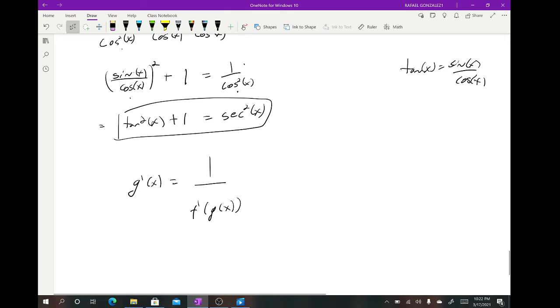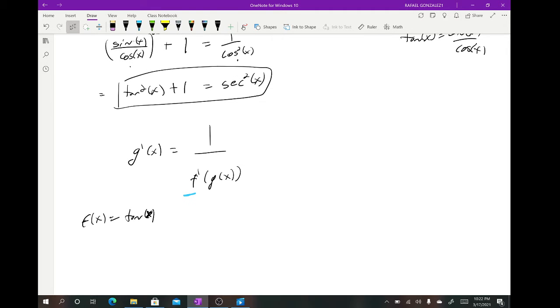All right, so let's see what happens. So I have to find f prime. We're finding g prime, but before we go to find g prime, we have to find f prime. Now, f is equal to tangent of x. By now, you should have memorized all 6 trigonometric functions and their derivatives, and you should know that the derivative of tangent of x is secant square x.